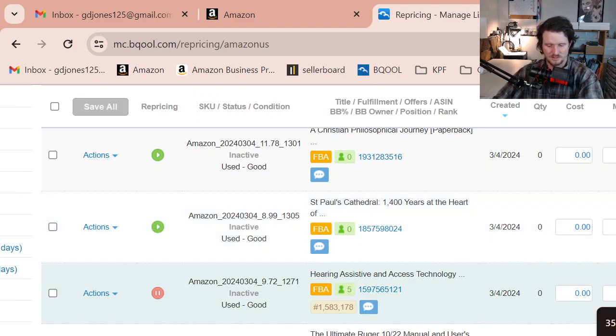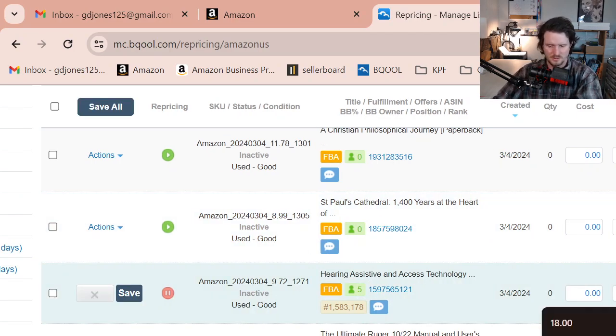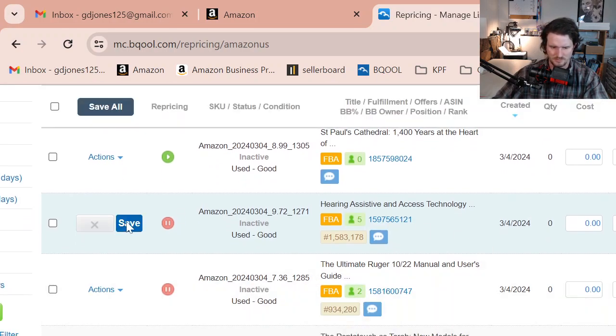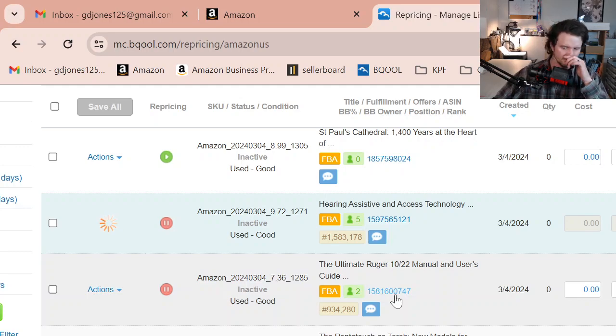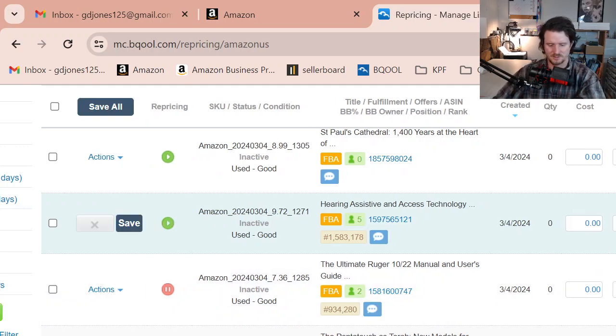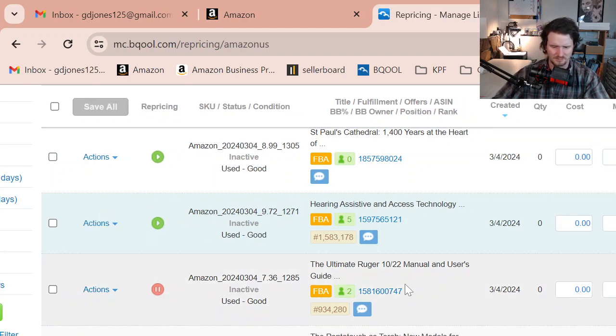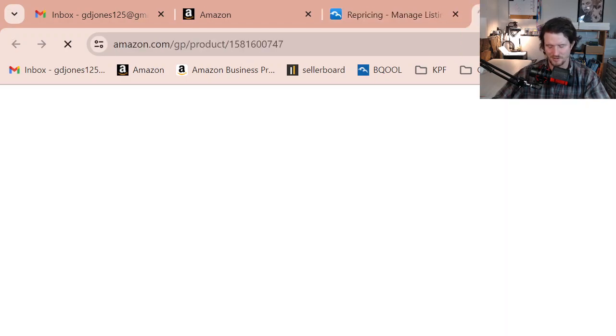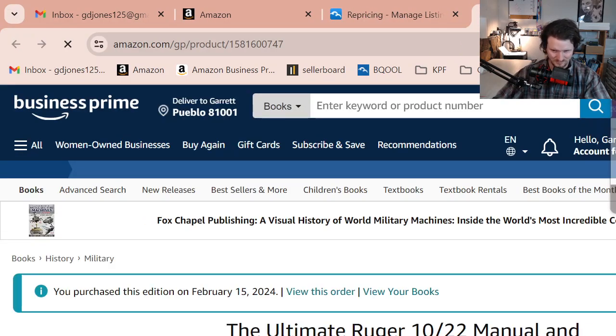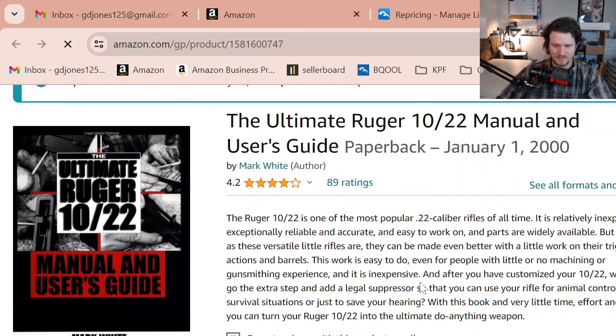I will take it. 82 down to, we'll do $10, 72. Let's bring it down to 62. Since I bought it for so low, I'll be making almost double ROI on that. Nah, not quite, but still great ROI.